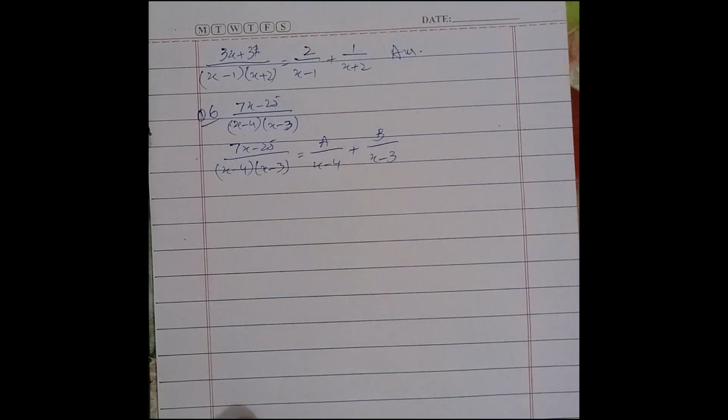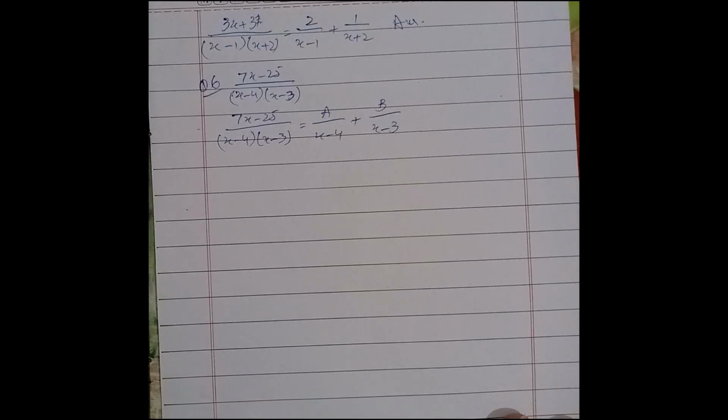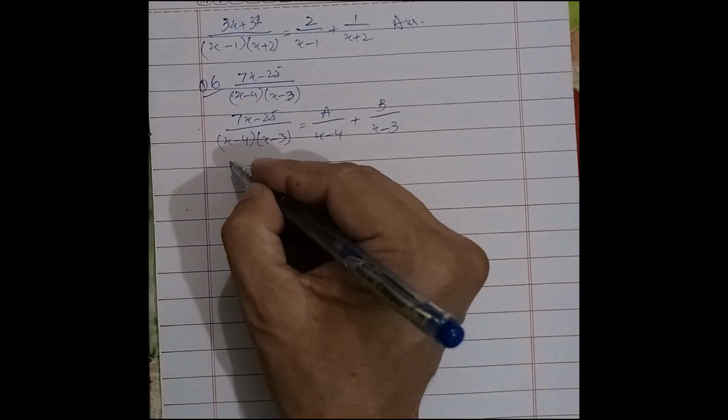And the next step is we multiply the denominator, which is x minus 4 into x minus 3, both sides.